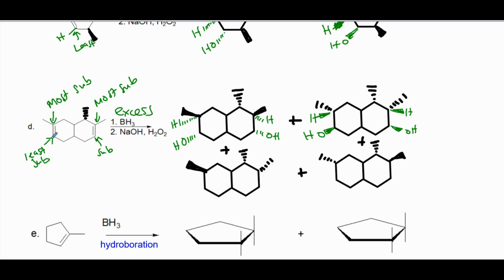Now, if it happens so that you're adding this side from the bottom face to get these groups, H and OH, like that, and this side you're adding from the top face, you will get this molecule.